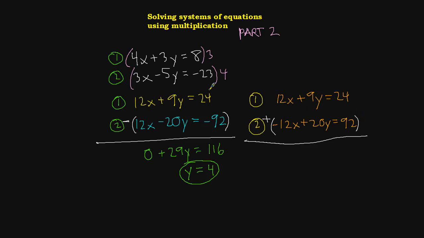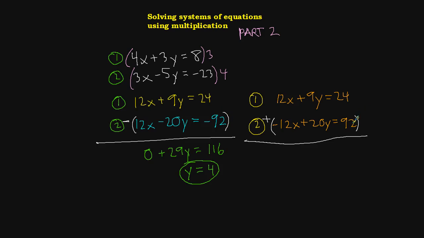Equation 1 looks exactly the same here as it did over here. But over here, I changed the minus sign to a plus. And then I changed 12x to negative 12x, negative 20y to positive 20y, and negative 92 to positive 92.